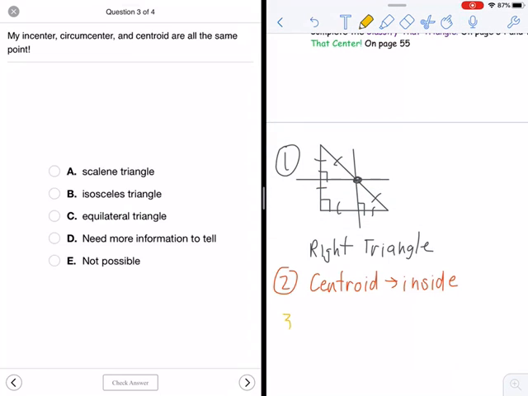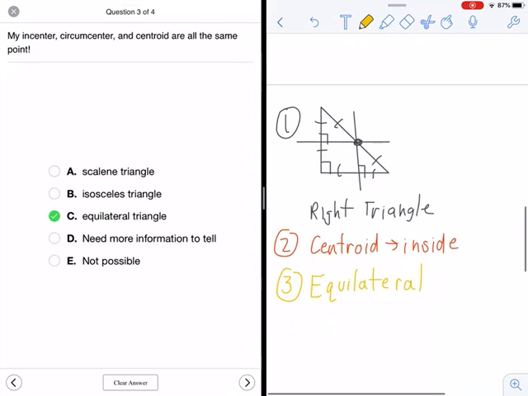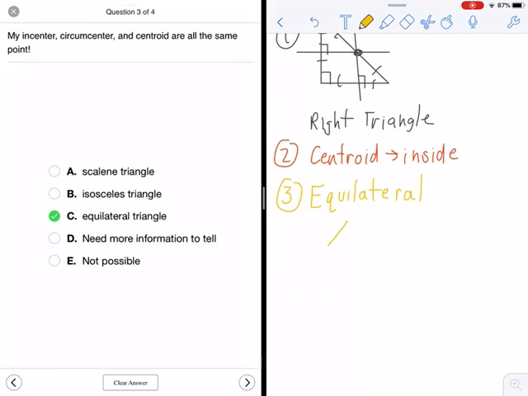We kind of talked about this, but for an equilateral triangle, they all align. Make sure you're still writing this stuff down like I am to prove to me that you're watching the video. I'm just going to draw really quick. That's my equilateral triangle.